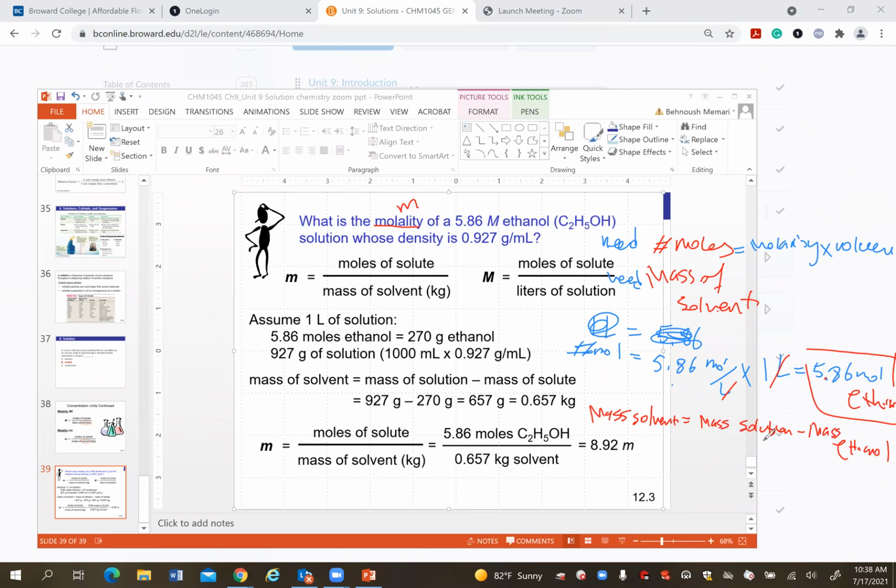How do we find the mass of solution? The volume of the solution is 1 liter and the density is 0.927.